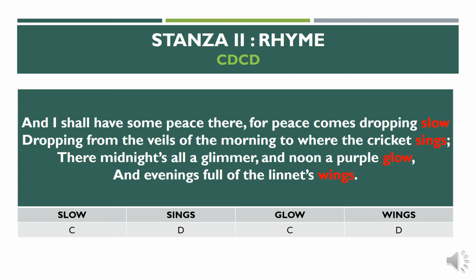After slow we see the new rhyme is sings, and that matches with the last line's wings. So slow is C, sings is D, then glow is C, then wings is D. It will be CDCD.